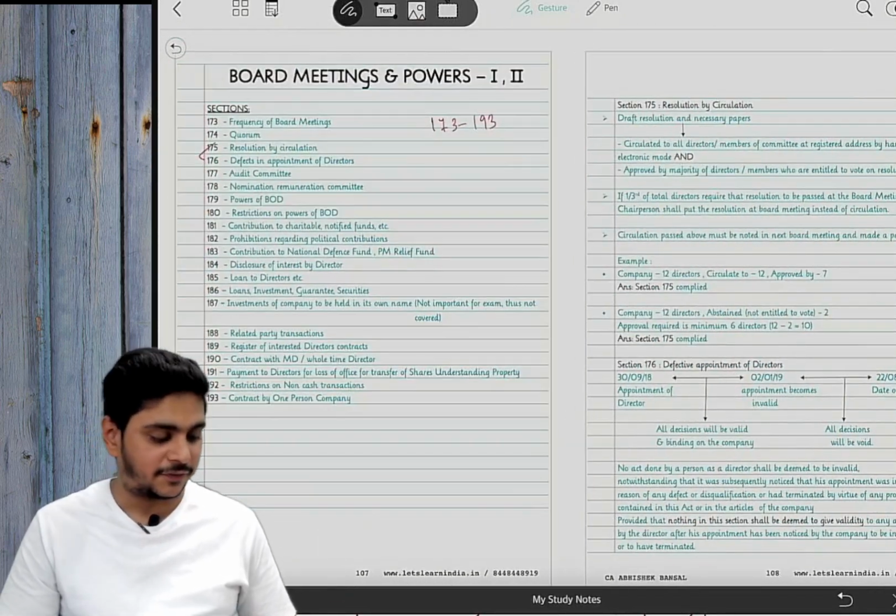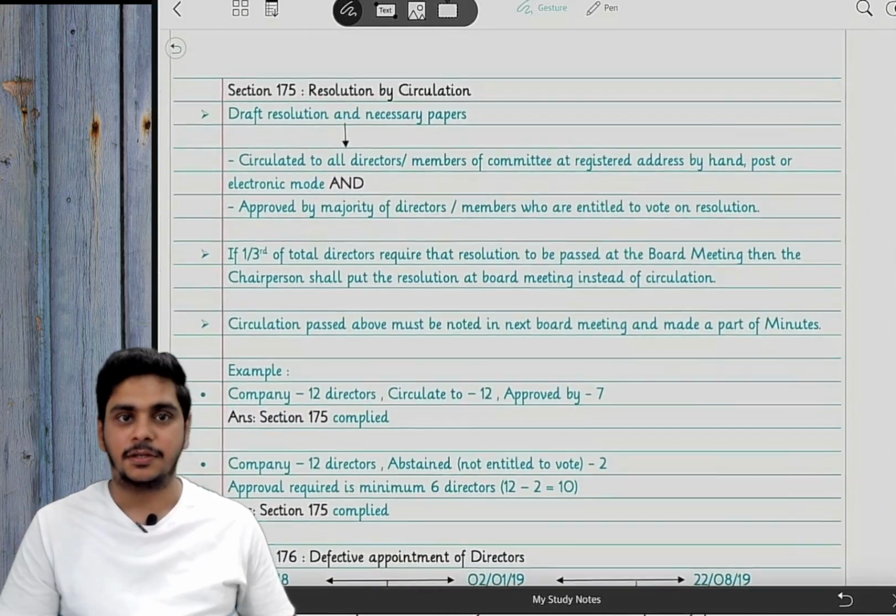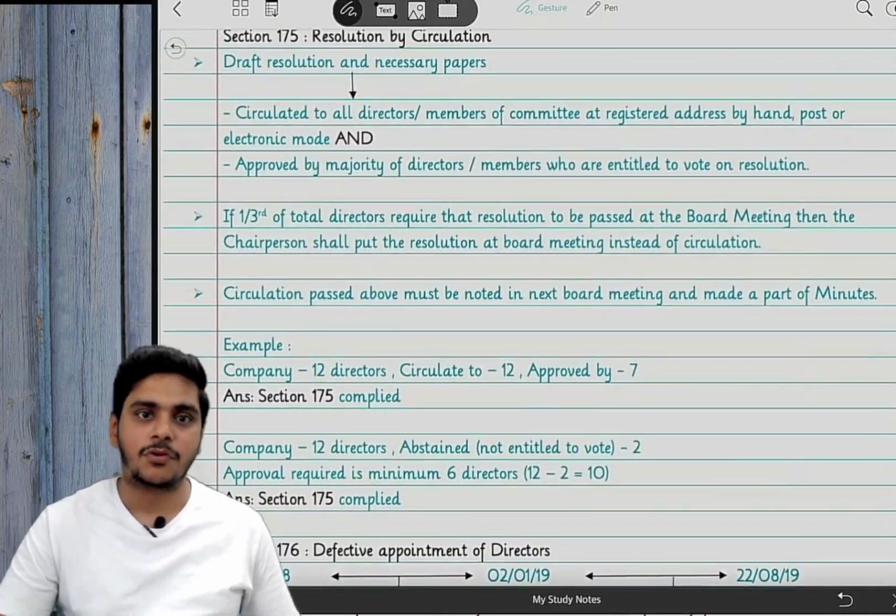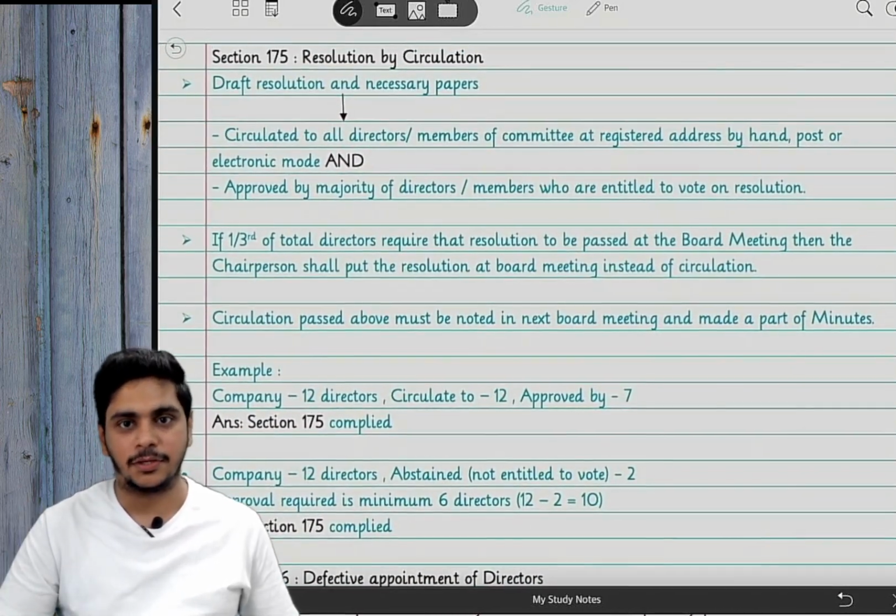Now what will you do? You will read 175 and 176 from the screen. People who have book, you can read it from the book or else read from the screen. I'm here only, okay.